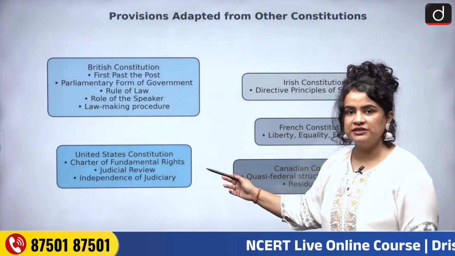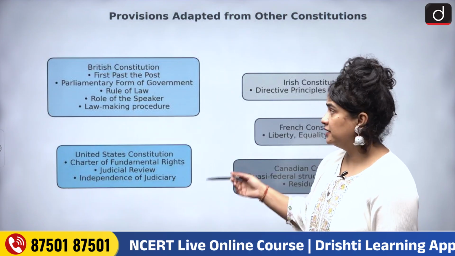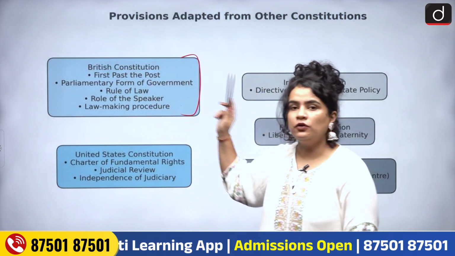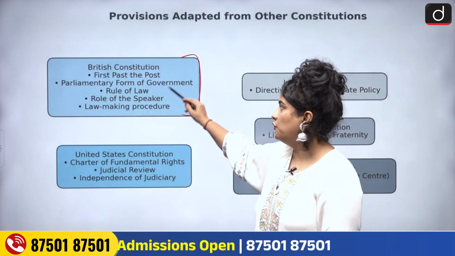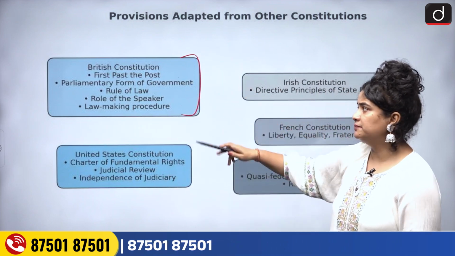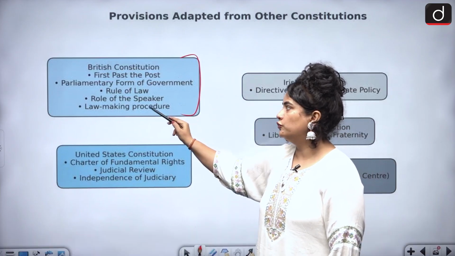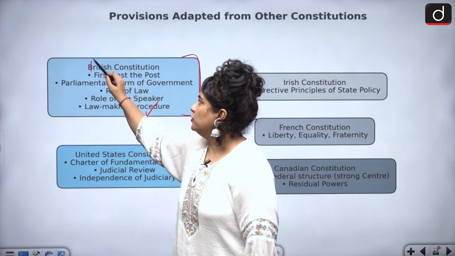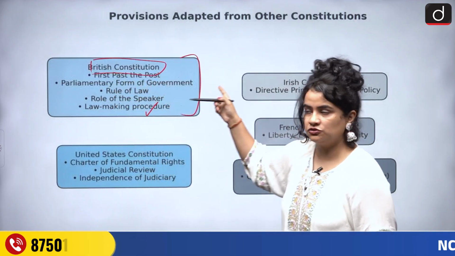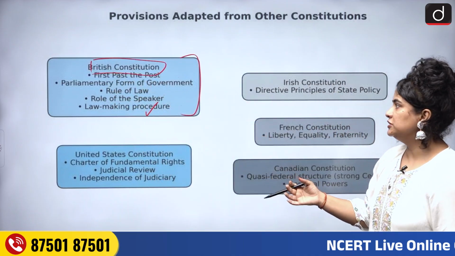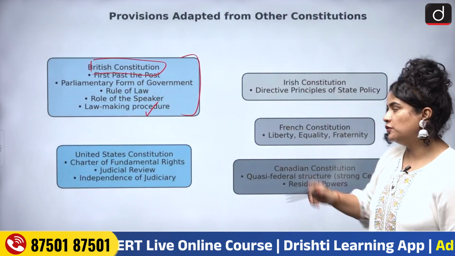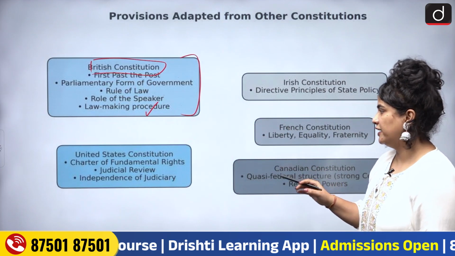The various provisions that our constitution has borrowed from different constitutions of the world. So for example, first past the post system, parliamentary form of government, rule of law, role of the speaker and law-making procedure have been borrowed from the British Constitution. Our constitution, at least the administrative part, has been borrowed very heavily also from the Government of India Act 1935.